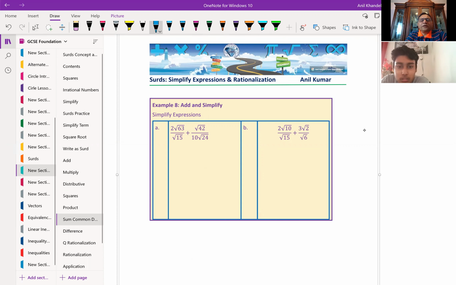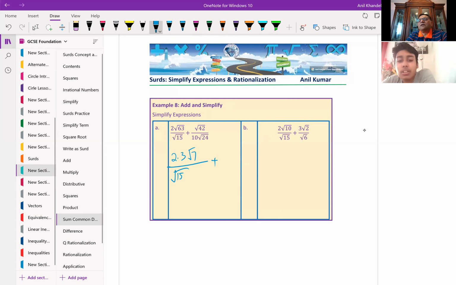How do we do? 2 square root 63 over square root 15. So I could write this as 2 times 63 is what? 9 times 7. 9 times 7, which is 3 square root 7, right? We are cutting down on steps. Over 15, we don't know. 5 times 3. So 3 square root 5 or 5 square root 3. Square root 15 itself, right?